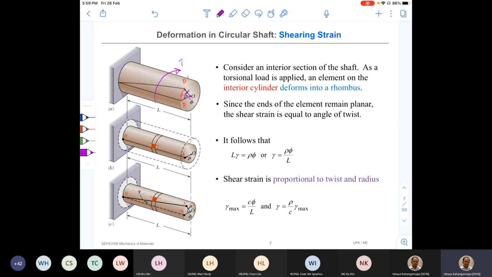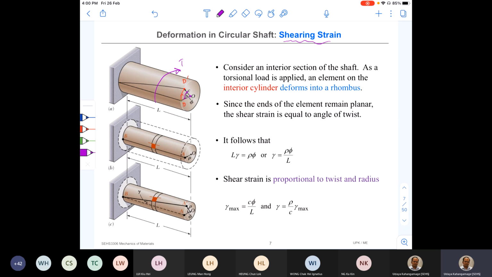So shear strain is not constant. It varies from a maximum value to 0, right? So if I want to derive a relationship for shearing strain now, I need to find a generic point and do all the derivation for that generic point, right? So therefore, I'm going to select a radius.